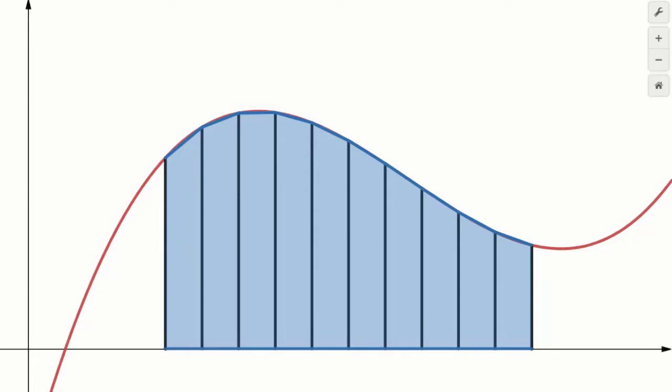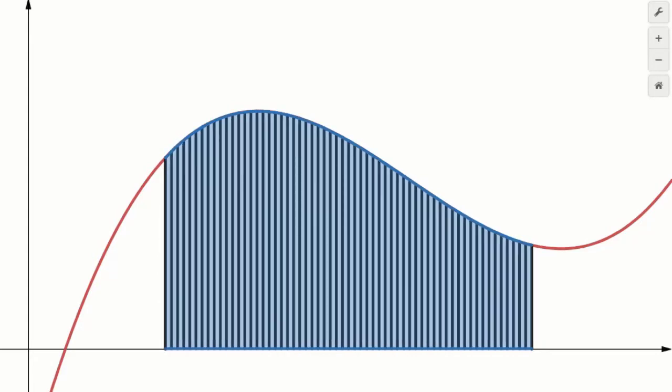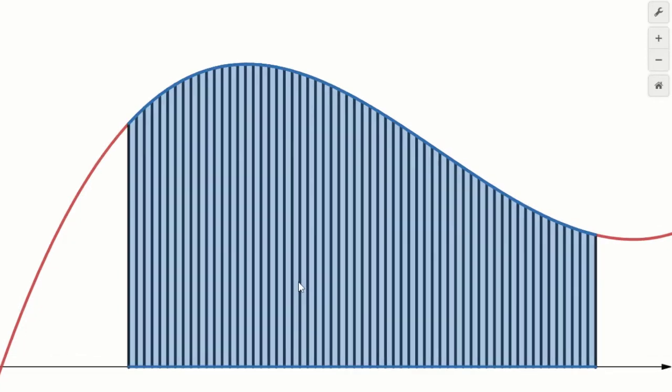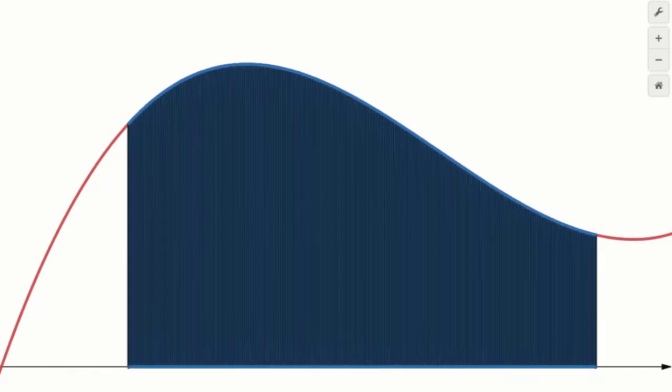And now I'm going to increase to, let's say, 60, and I can't really tell anymore between the trapezoids and the curve itself. It looks so fine. And now when we get to like 260, this area right here is really just like the actual area, even though there are 260 sub-trapezoids in there.